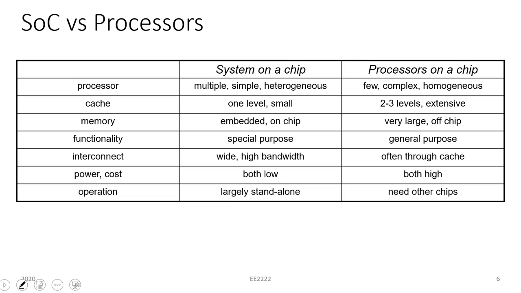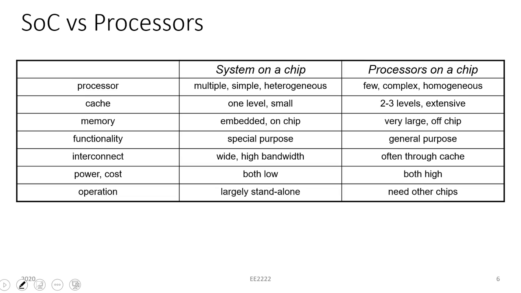Whereas processors may have a number of processor cores, but that's about it in most situations. Whereas processors sometimes may have multiple levels of cache memories and things like that, because that is the nature of the processing requirements in such situations, whereas that may not be the case in certain system on a chip implementations. It's not that it can't happen, but that may not be the general expectation there.